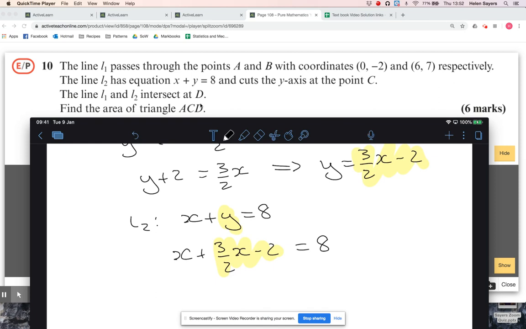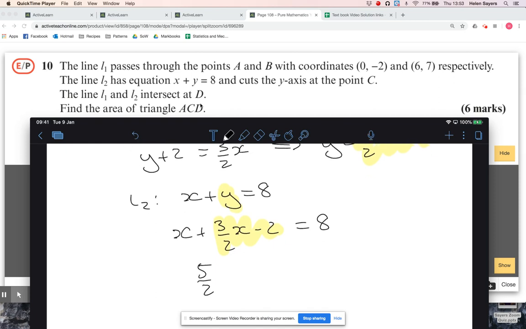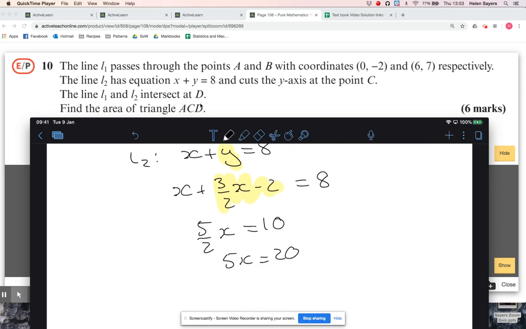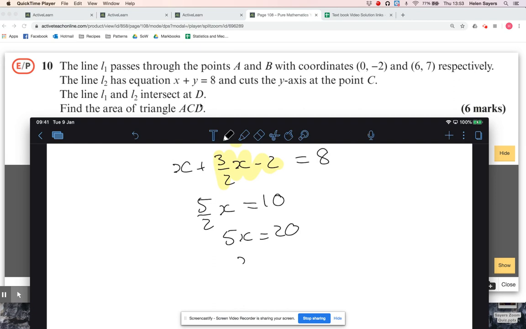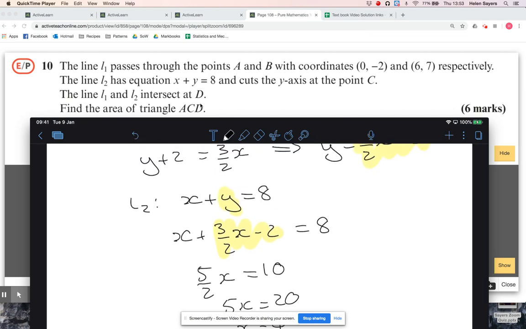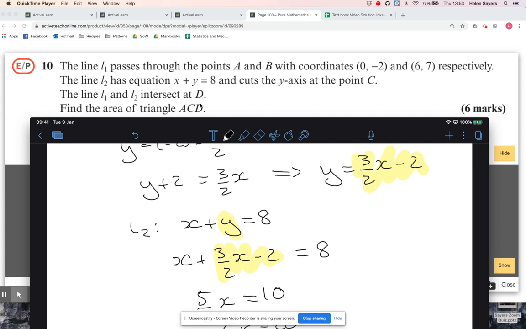So 1x plus 3 over 2x is 5 over 2x. Let's add the 2 over, multiply up by 2, and divide by 5, and I get x is 4. And I suspect I will need the y-coordinate as well. So looking back through these equations, that's probably the easiest one to look at.